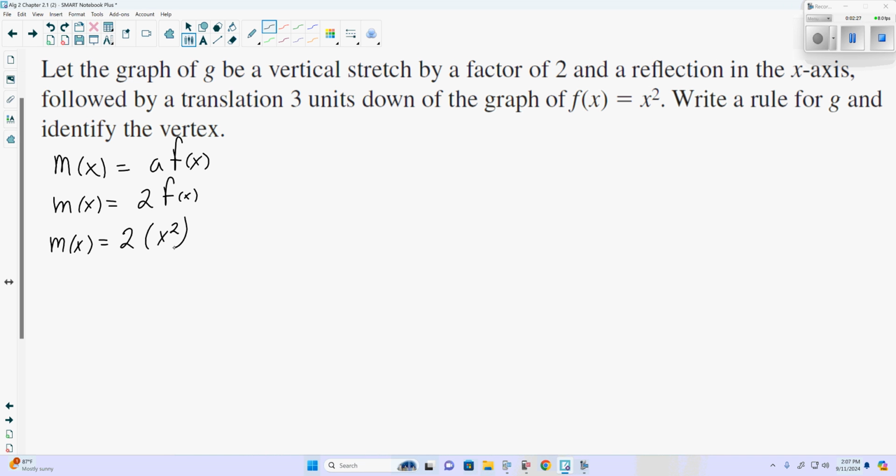Our value of a is 2, so we have 2 times f of x. Well, f of x in our case is x squared. So we have 2 times x squared, or we can just say m of x is 2x squared. Questions about this so far? Because we've done this before, we're just looking at it again.